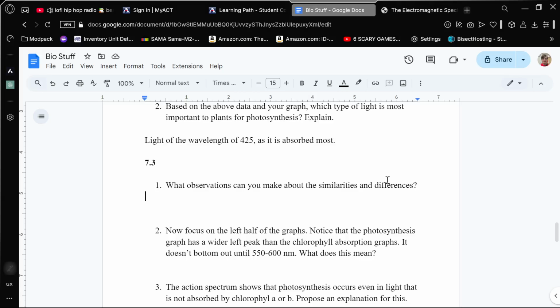If we look at our graph, the carotenoids, I don't think I said that right, absorb a lot more color, or show a lot more color and absorb less. Man, I just got a new keyboard.